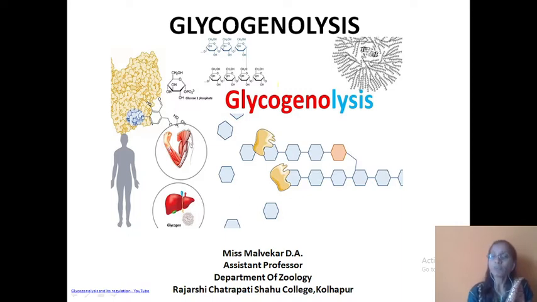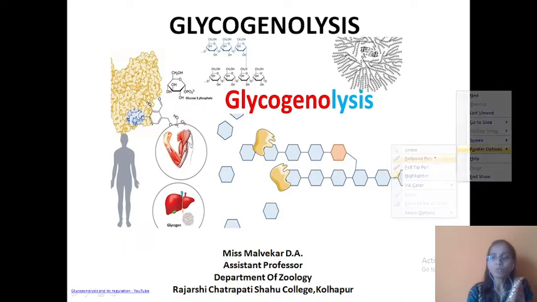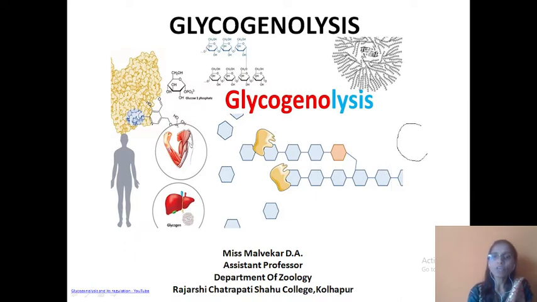Generally in our body the glycogen is stored in the form of small granules in the liver and the muscle cells. Why does the body synthesize glycogen in the form of granules and store it as a storage depot?